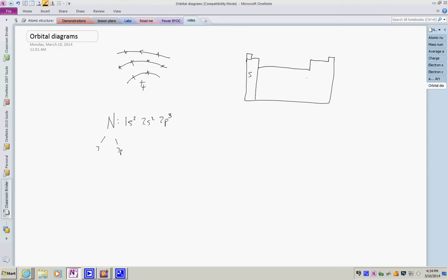I have the s orbitals, I have the d orbitals, which are offset by 1 from the row, and I have the p orbitals, and I have my f orbitals located right here. F orbitals are offset by 2, meaning that this is the 6th row, but this is a 4f. This is the 7th row, but it's a 5f.